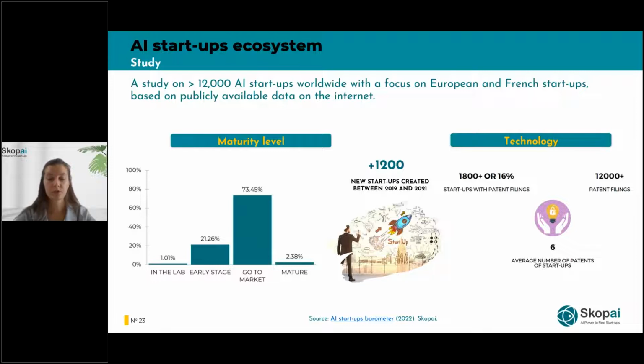In terms of technology, we were able to extract the data on particular patents, and it was found that 1,800 startups, or 60% of the sample, have registered patents. There were more than 12,000 patents found that are related to startups, which gives an average of 6 patents per startup.